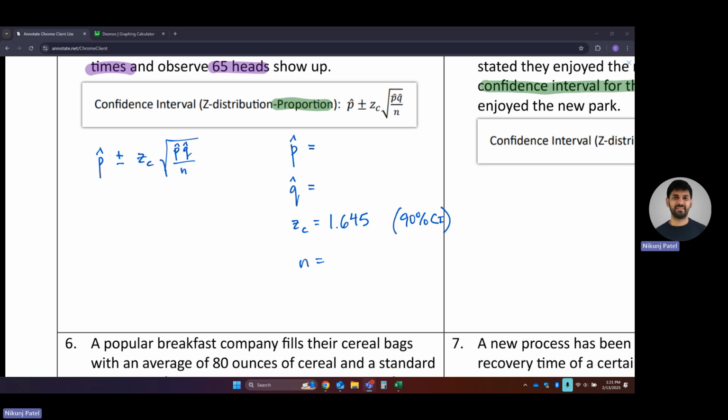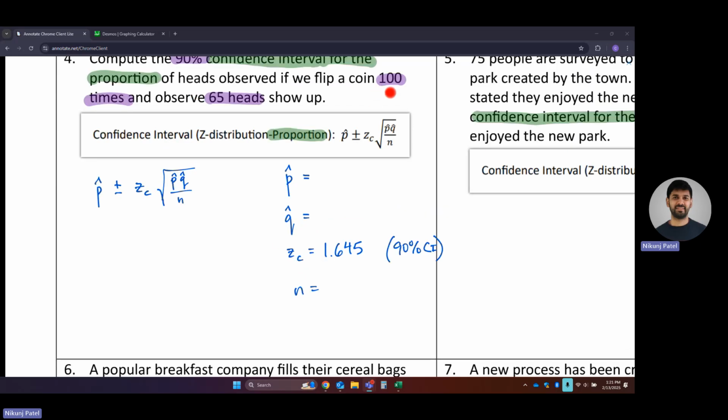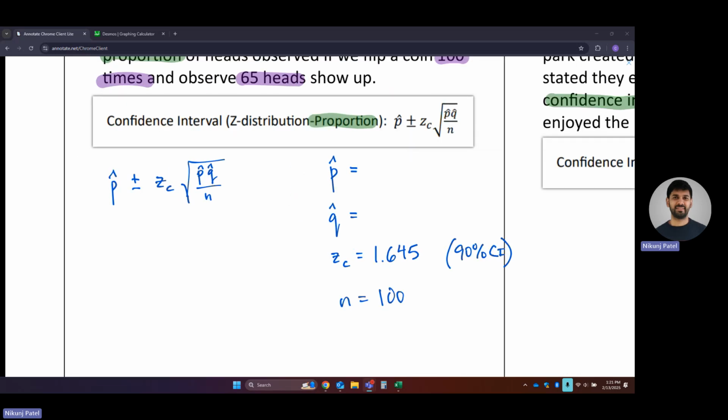Now let's talk about N. N is really easy to find as well. It's the total number of trials in the problem. In this case, it's a total number of 100 times the coin was flipped. So N is 100. And then P hat is the percentage or the proportion we're interested in. We're interested in the number of heads that showed up. Since 65 heads showed up, we determine P hat by finding the proportion out of 100. 65 out of 100 is 0.65.